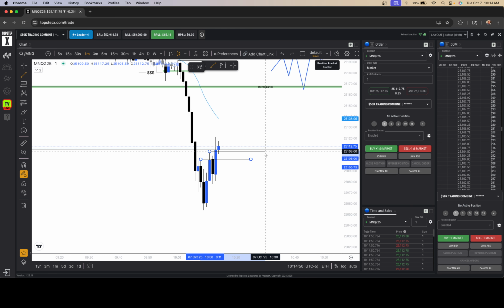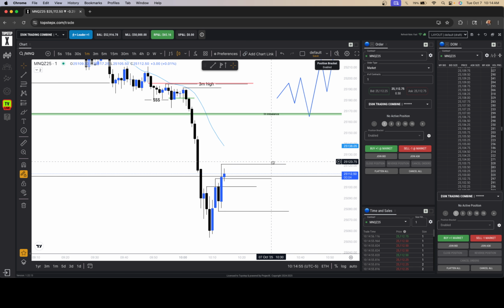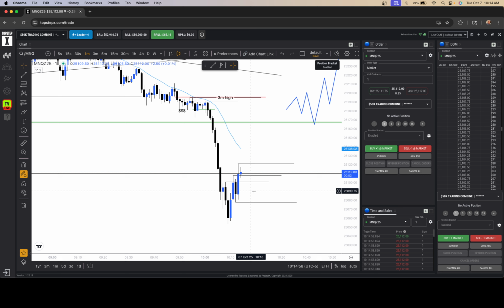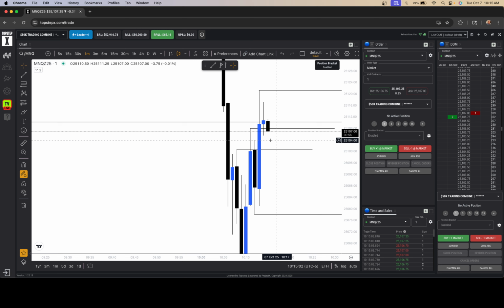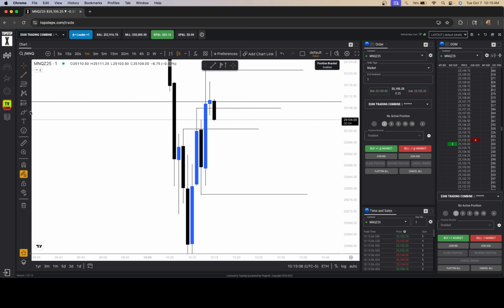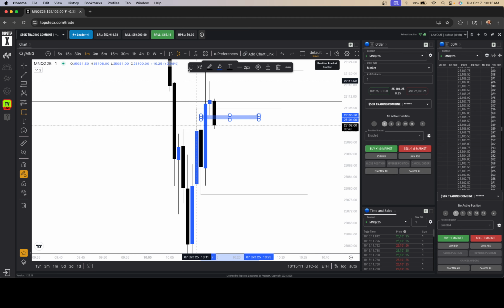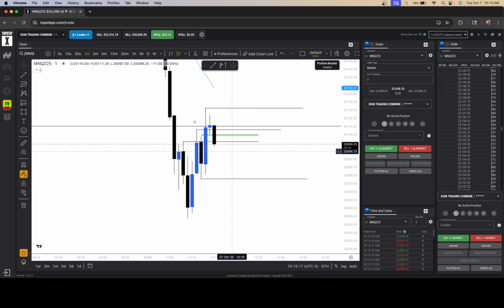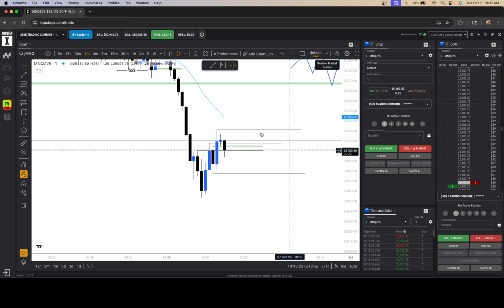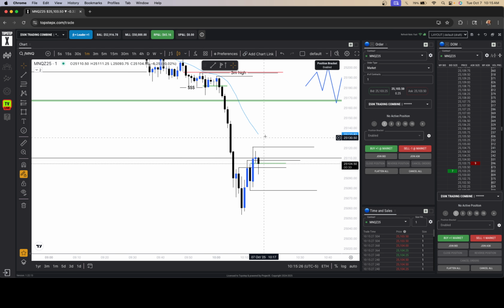You can see we're breaking structure to the upside now. With no imbalance, though, the first level of imbalance is right here. So we could easily break through this imbalance and just push back lower, or we could reject it and honestly go back to all-time highs.